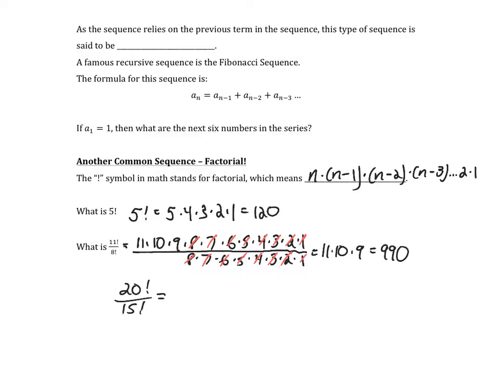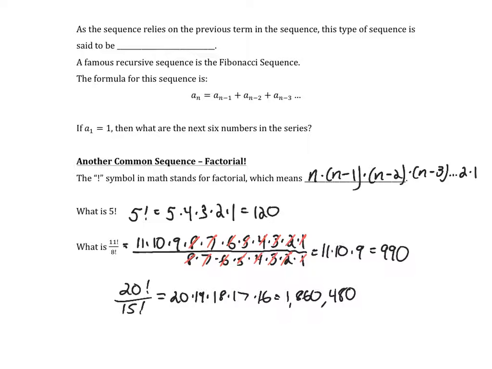And you should hopefully notice from the pattern above that this would just be equal to 20 times 19 times 18 times 17 times 16, which comes out to, I just made this up off the top of my head, so I'm going to have to do it out. Still a big number. It looks like it's 1,860,480.